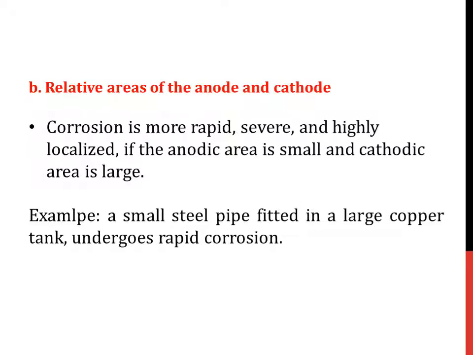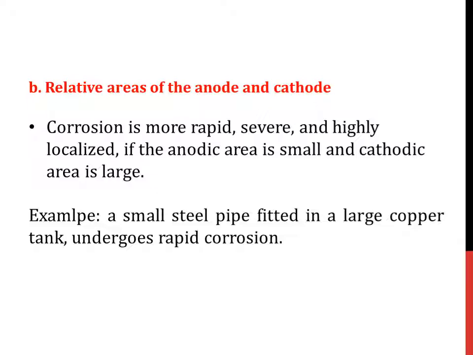Next is the relative areas of anode and cathode. We will discuss here how the anodic and cathodic areas influence the rate of corrosion. The rate of corrosion at the anodic area is directly proportional to the ratio of cathodic to anodic area.